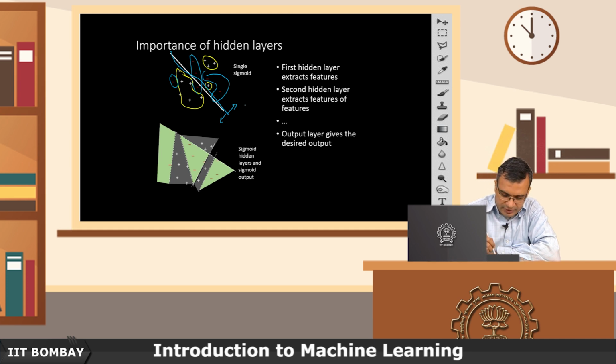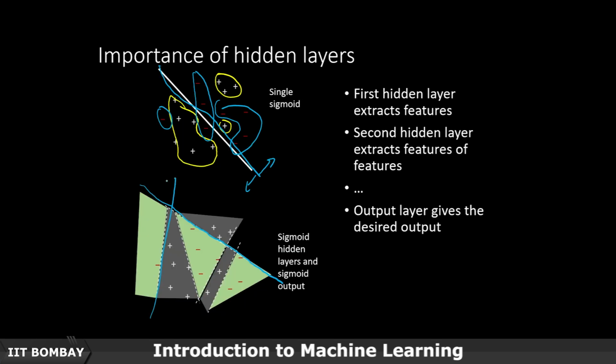So what we are doing is introducing a hidden layer. Each neuron of the hidden layer is dividing the input space into half spaces using these hyperplanes. Each of these lines represents one neuron of the first hidden layer.